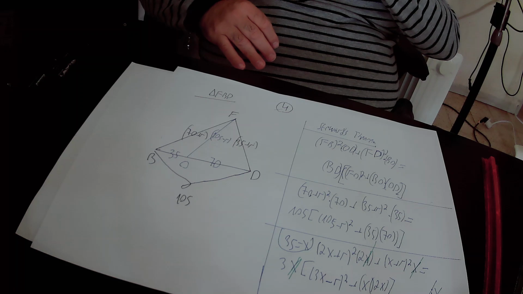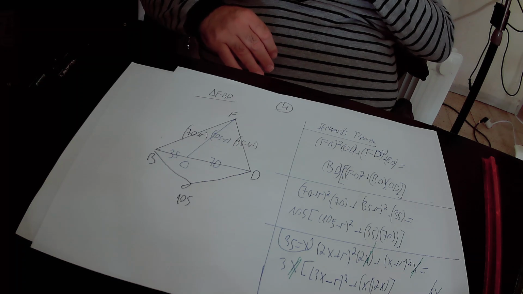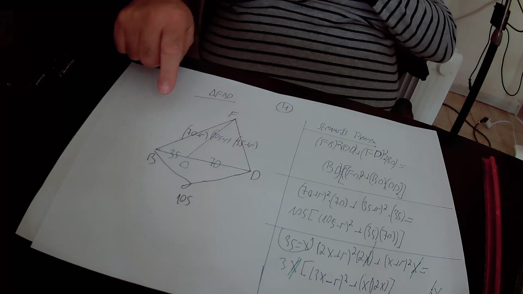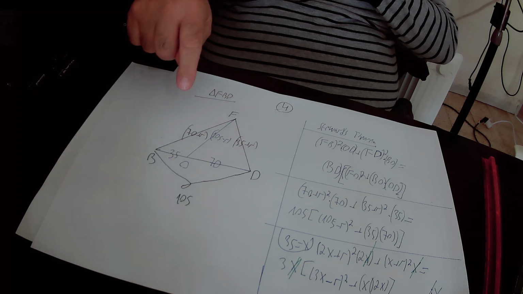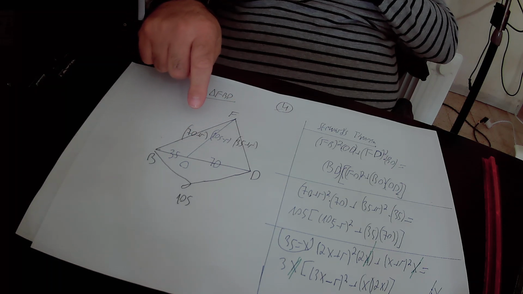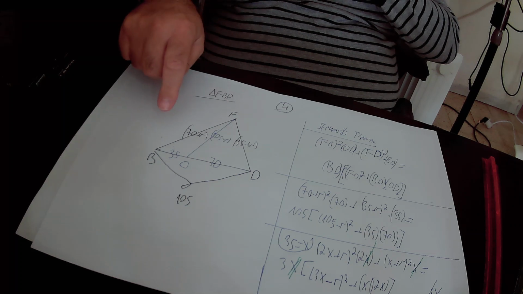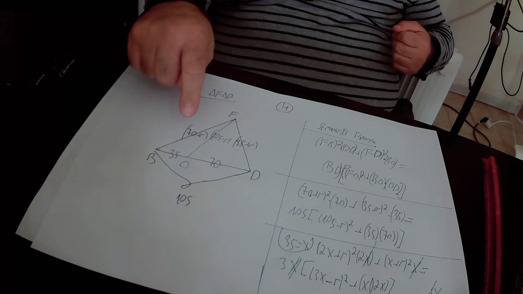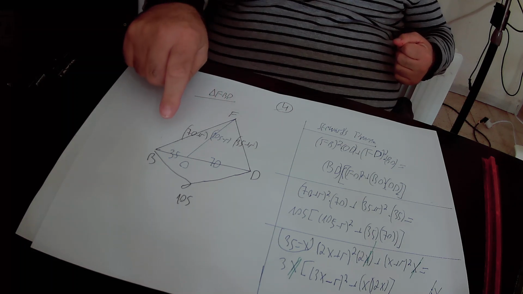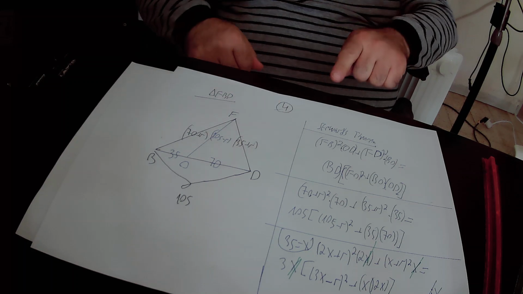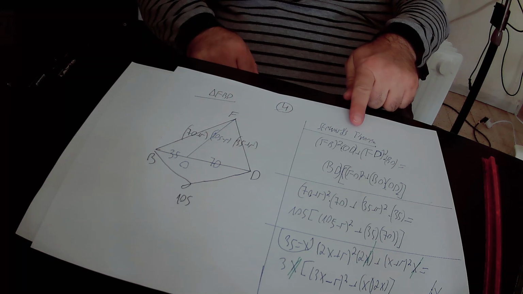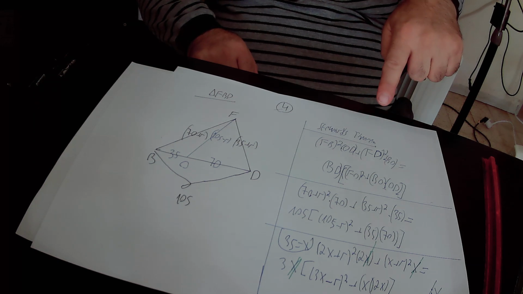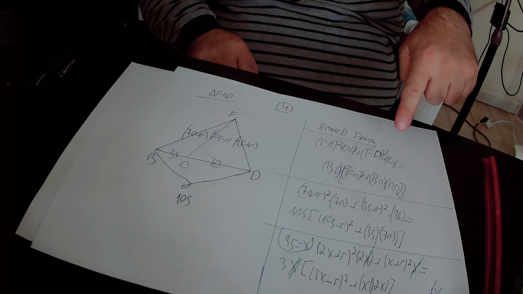According to Stewart's theorem, we get that FB squared times OD plus FD squared times BO equals BD, open brackets, inside the brackets we have FO squared plus BO times OD.